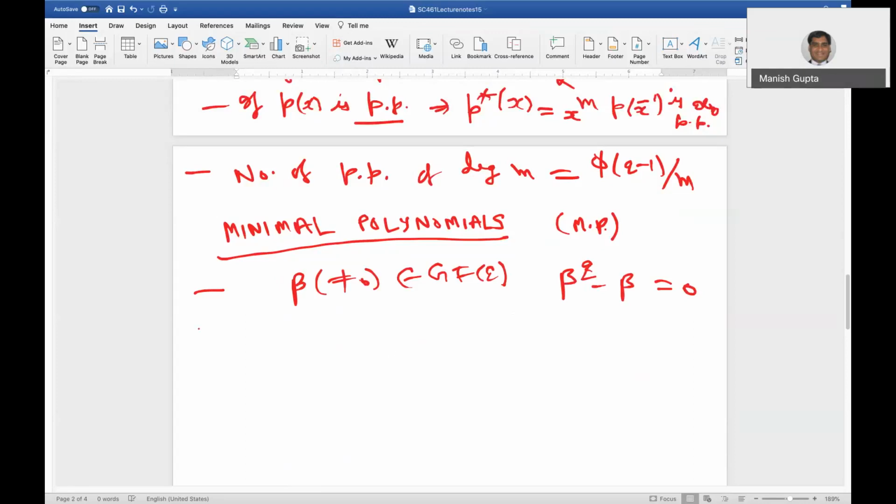So beta is a root of x raised to the power q minus x equal to 0. So this polynomial has roots over GF(p), right? And it's a monic polynomial.